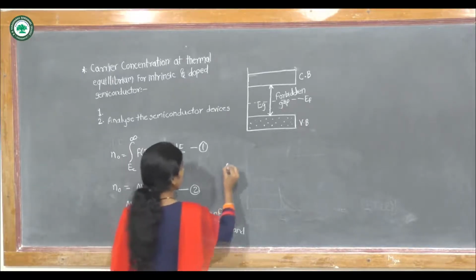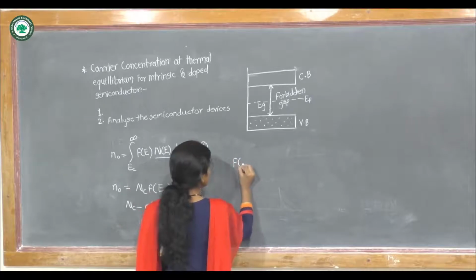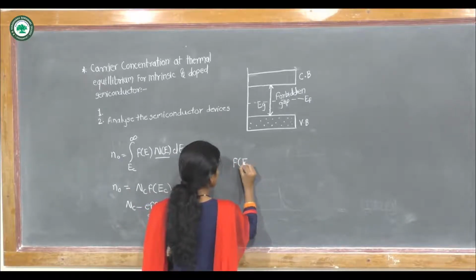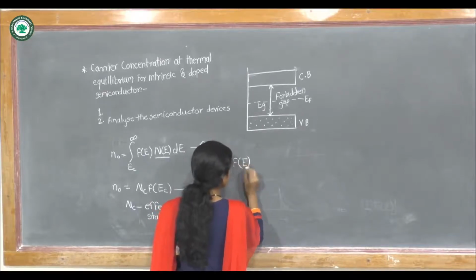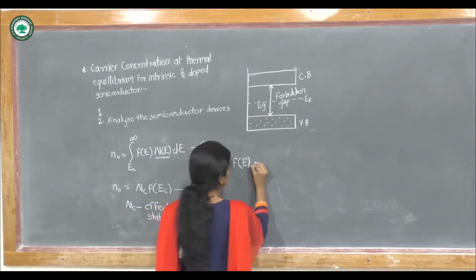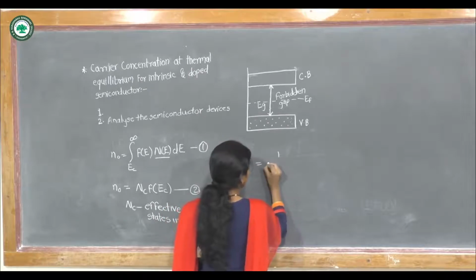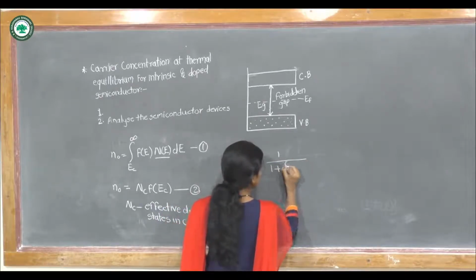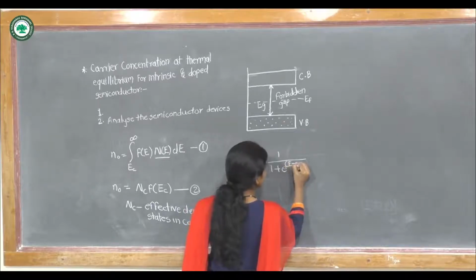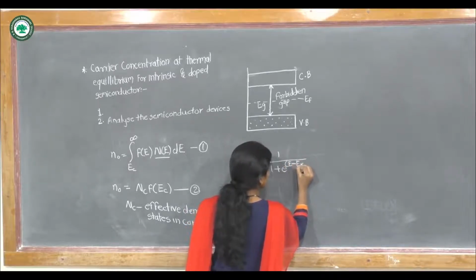As we know, this Fermi distribution function f(E) is given by 1 upon 1 plus e raised to (E minus EF) upon kT.